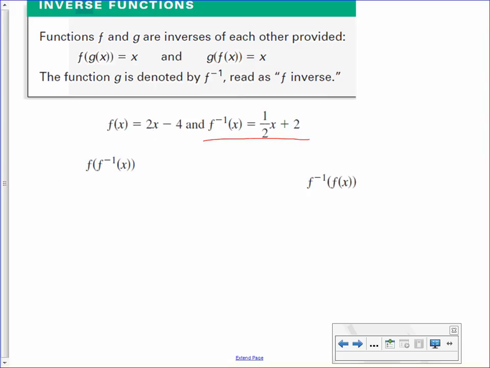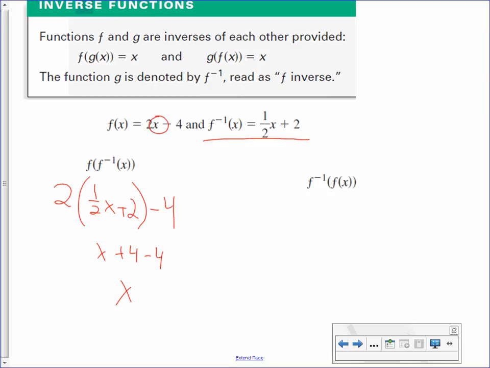You take the inverse equation, and you substitute in here. 2 times 1/2 x plus 2 minus 4. You solve that. I get 2 times 1/2, get x plus 4 minus 4. You get x when you simplify.